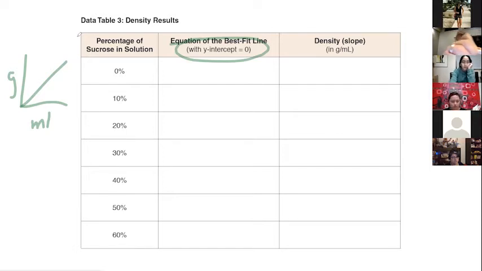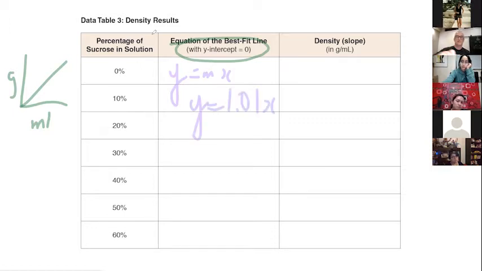So for 0, or just water, the equation will be something like y equals mx. Now, there's not going to be any b, right? Because the y-intercept is 0. So for the first one, we should get something like y equals 1.01x, something like that. That number right there is the slope of the line, and that is the density in grams per mil.